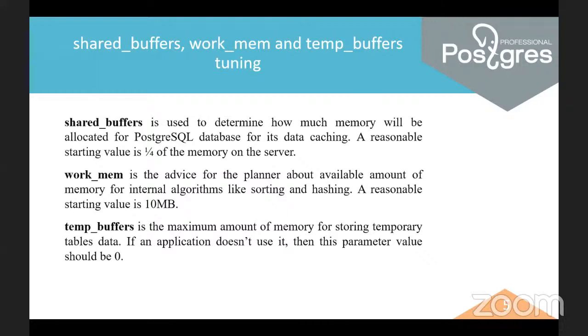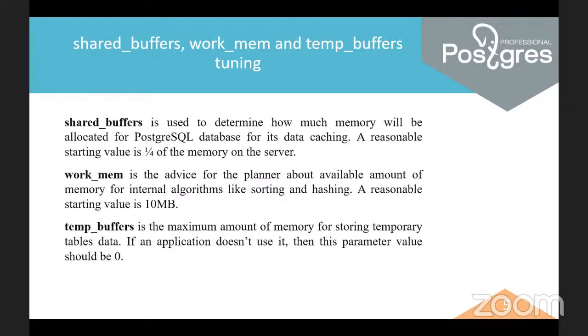The reasonable starting value is 25% of overall memory on the server. However, if you have a lot of memory on your server, perhaps you should activate huge pages. The way of activating them will be presented further.